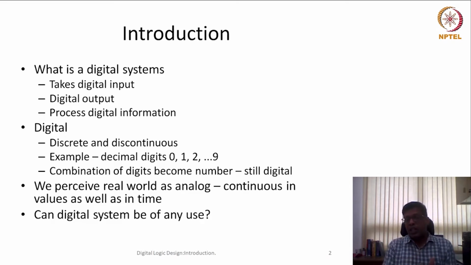Because it takes digital input and brings out digital output, all the processing inside will also happen using digital logic, and all the intermediate signals or values will also be digital in nature. In other words, my digital system will be taking digital input, processing digital input, and giving digital output.